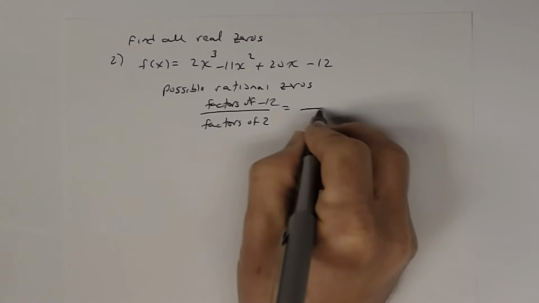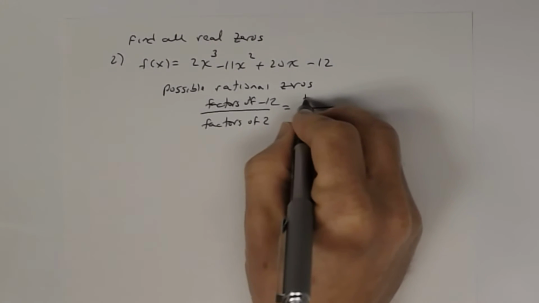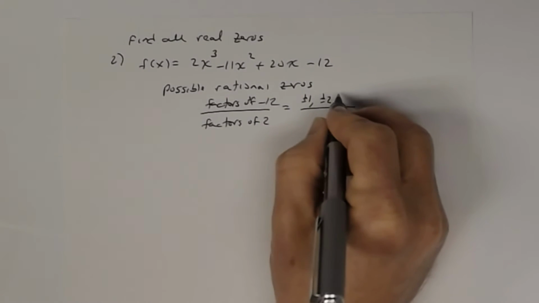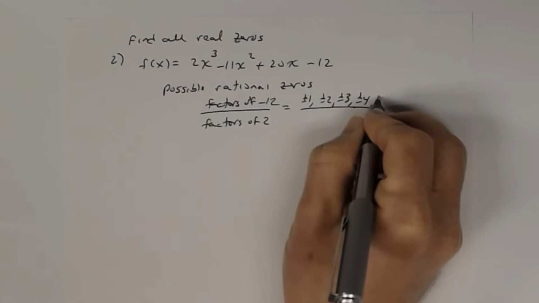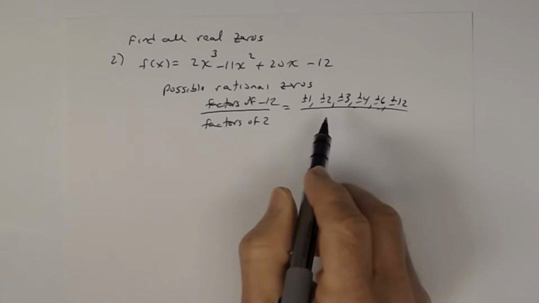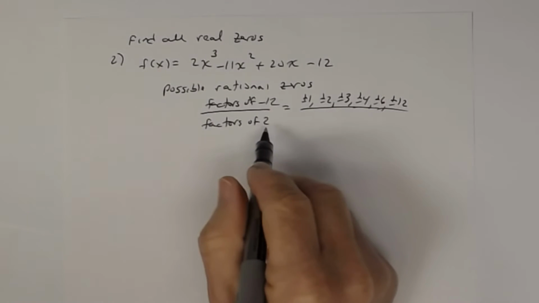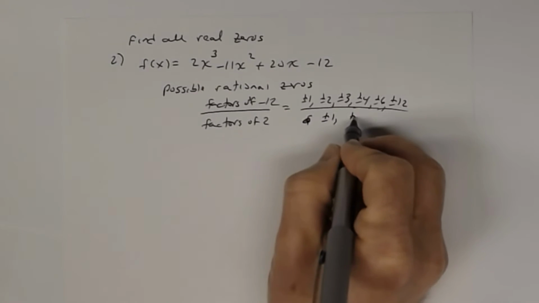In the numerator, the factors of negative 12 are plus or minus 1, plus or minus 2, 3, 4, 6, and 12, because 2 goes into 12, 3 goes into 12, 4 goes into 12, 6 goes into 12, and 12 goes into 12. For 2, the only possibilities are plus or minus 1, plus or minus 2.